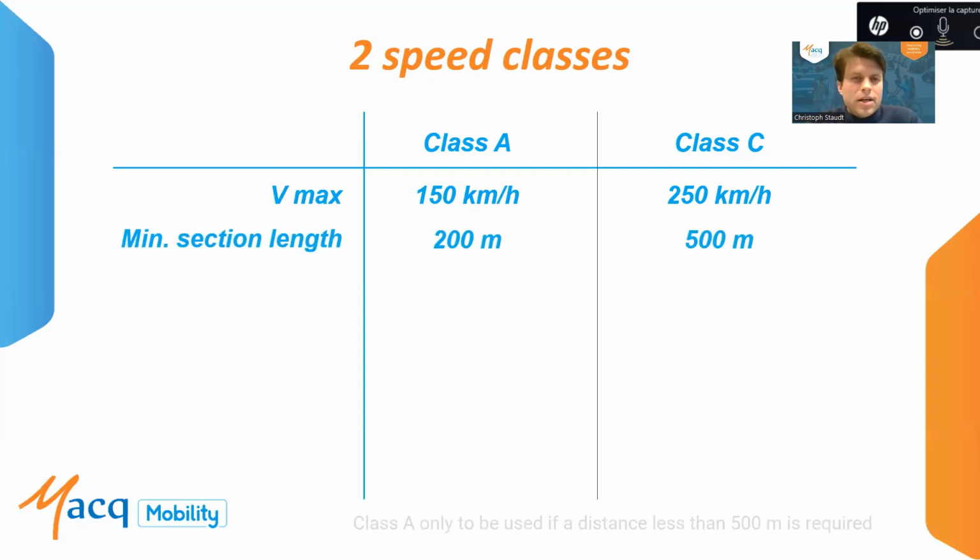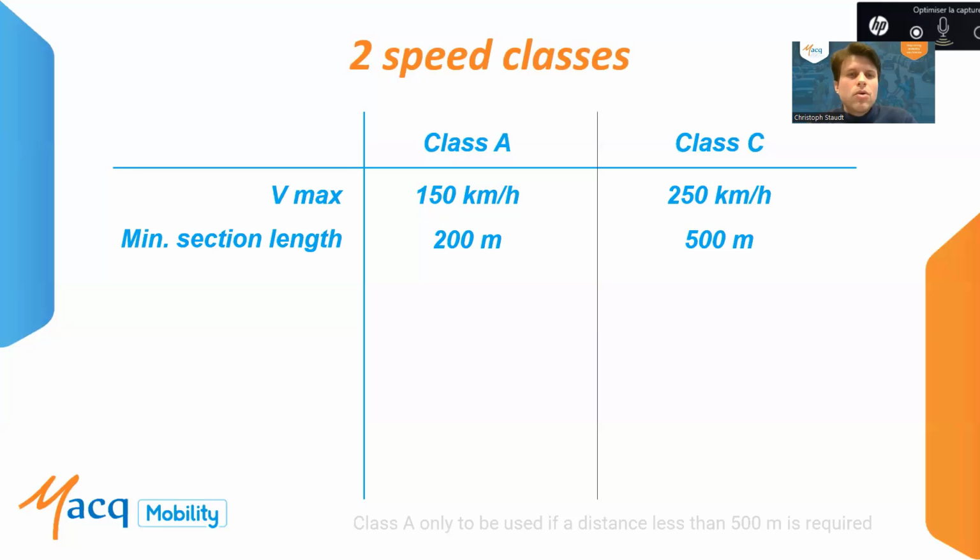Secondly, on class A, so for example in cities, as already mentioned and announced, and as our solution is homologated, we are able to have a section length of minimum 200 meters, which is of course great if you have a few sections in cities in front of schools, in front of spots within the cities which, from a traffic safety point of view, need to be taken into account by the city.